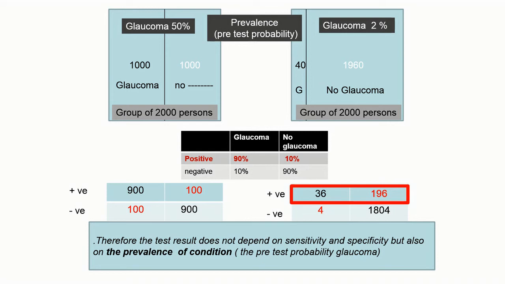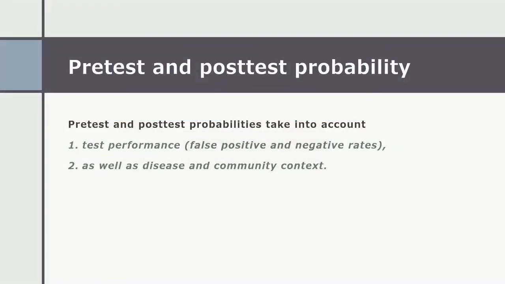So the test results depend not only on sensitivity and specificity, but also on the prevalence of the condition. So keep in mind, pre-test and post-test probability take into account the false positive and false negative rates, and also the disease prevalence in the community.